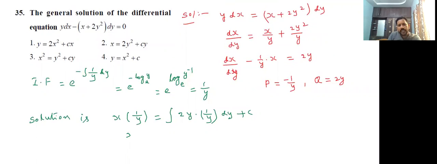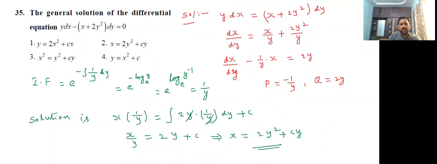So on the left hand side x by y is equal to, here y cancels, 2 is constant, integration 1 dy is y plus c, and the left hand side denominator y is sent to the right hand side, we get x is equal to 2y square plus cy. This is the final answer. Students, which option is correct? Second option is correct.